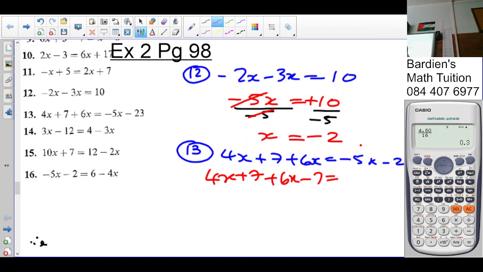Bring me your book, let me see. Number 13. So you subtracted 7, which makes that right. Then you got 5x, which you changed to a 50.